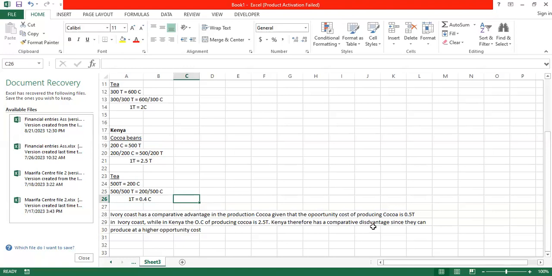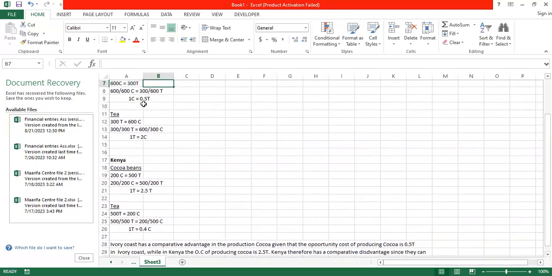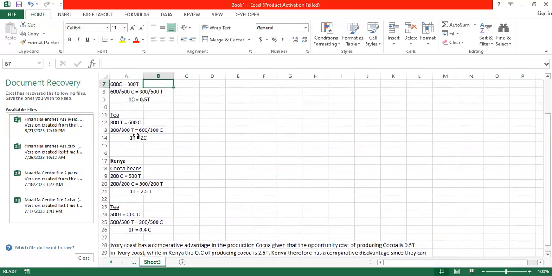Why? Because Ivory Coast produces at a lower opportunity cost, which is 0.5, while Kenya is at a higher opportunity cost, which is 2.5. When it comes to tea, Kenya is producing at a lower opportunity cost of 0.4, while Ivory Coast is at a higher opportunity cost, which is 2. Very clear there.